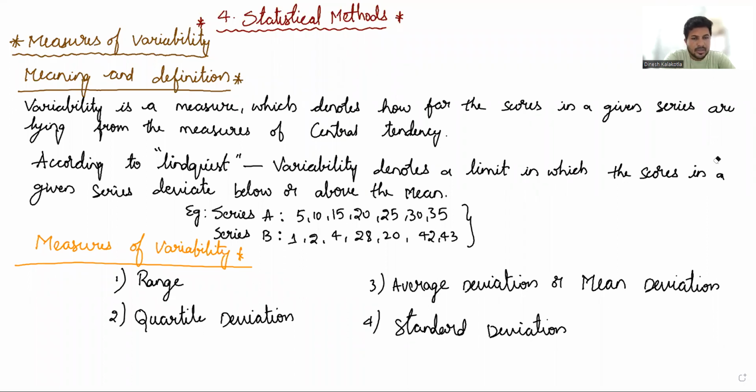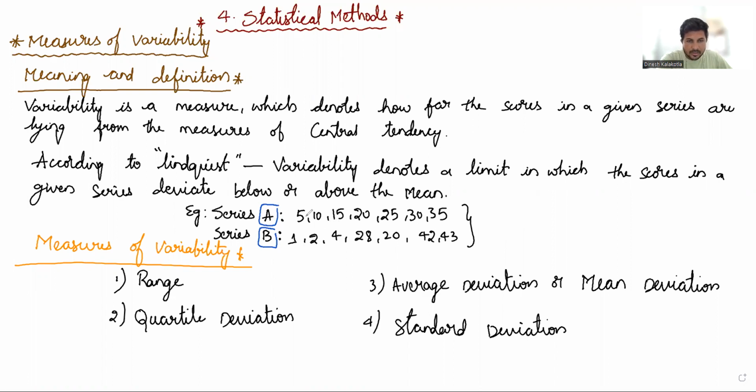Let us see one example here, so that you will get it very easily. If you take series A and series B, for both of these, how do you calculate mean?